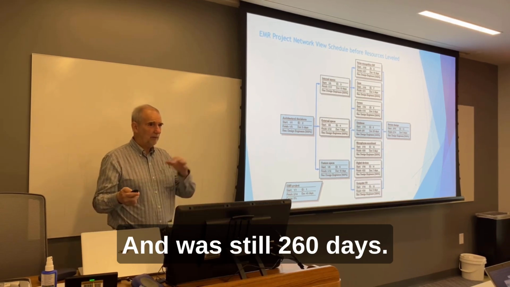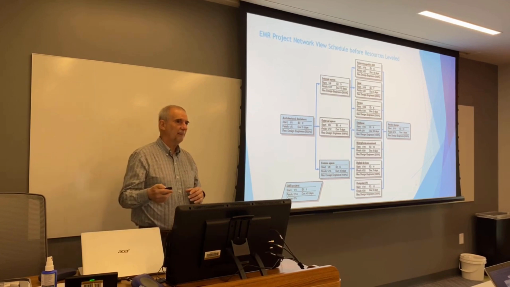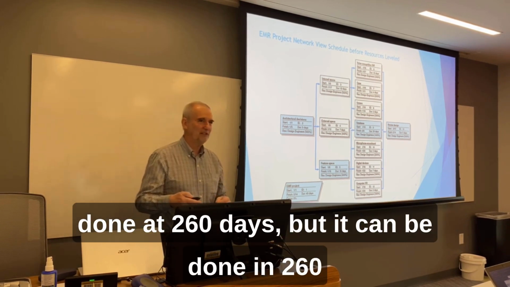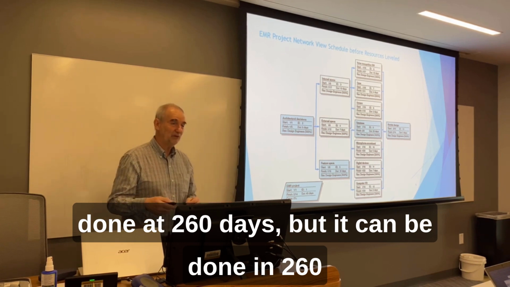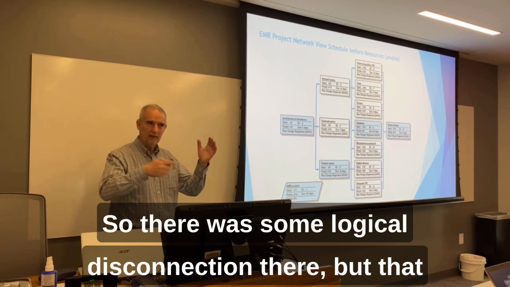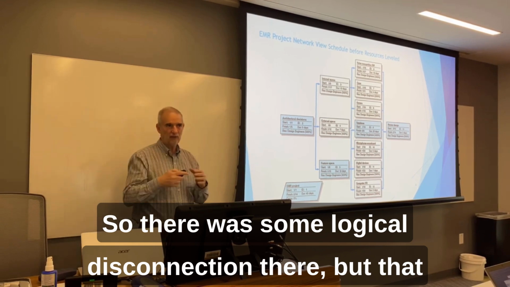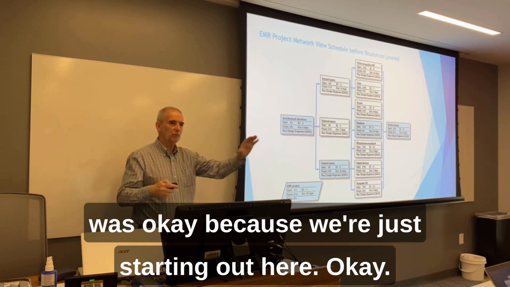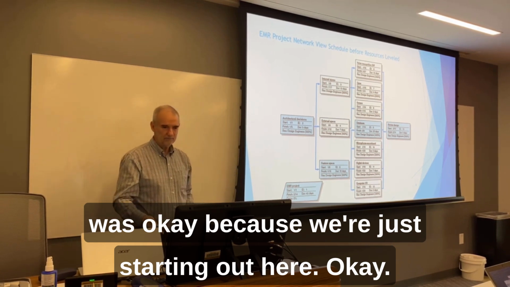Remember that? And it was still 260 days. Okay, and a lot of you said that it could not be done at 260 days. But it can be done in 260 days, but you can't do it on December 31st. So there was some logical disconnection there, but that was okay because we're just starting out here.